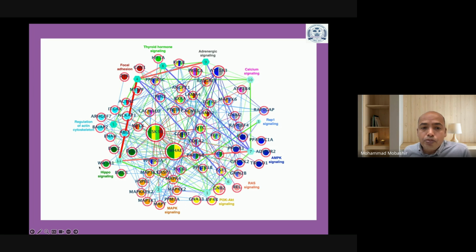Then you can see hippo signaling pathways, dark green color. So these proteins are dedicated to hippo, but they are not sharing their presence in other pathways. So this is what it means. This gives you the idea how dominant these particular proteins are.